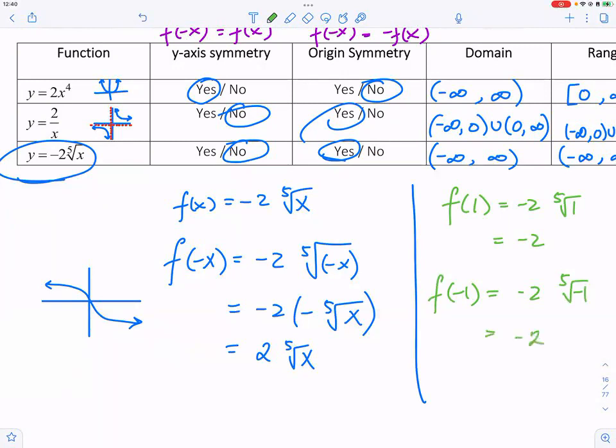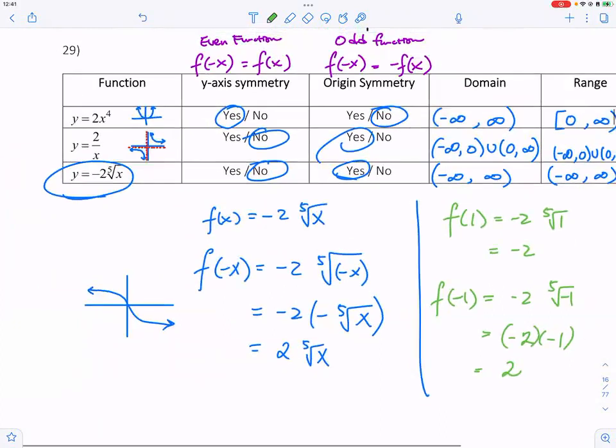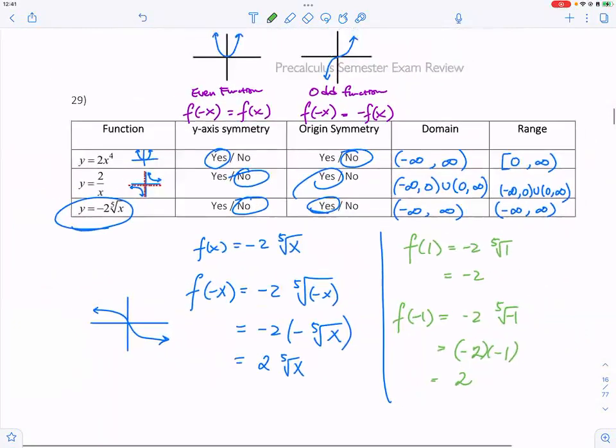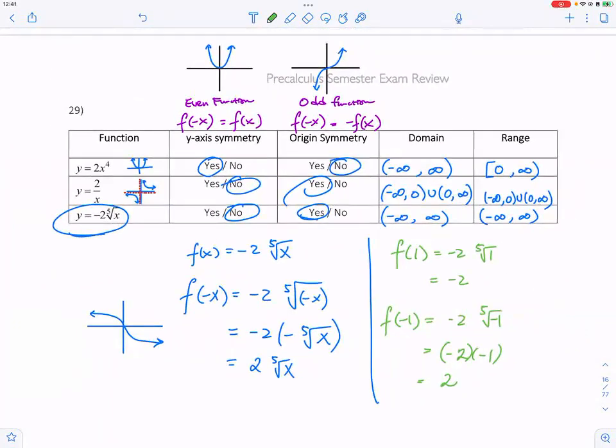That would give you negative 1, which gives you 2. This is an alternative way of seeing that it is an odd function, because the y value is negated. So you have a lot of tools at your disposal to find out these even functions and odd functions, y-axis symmetry or origin symmetry.